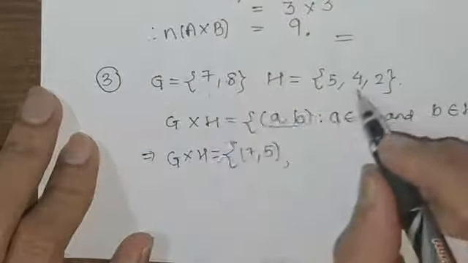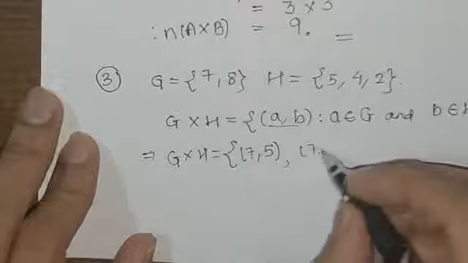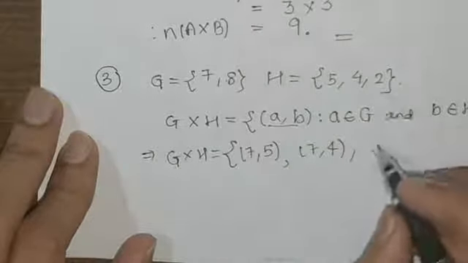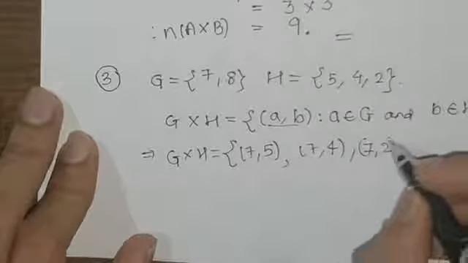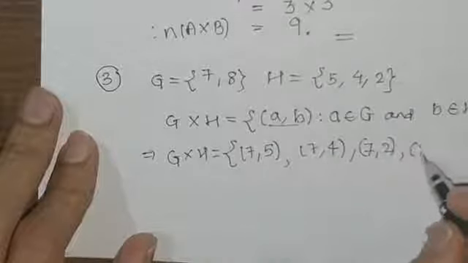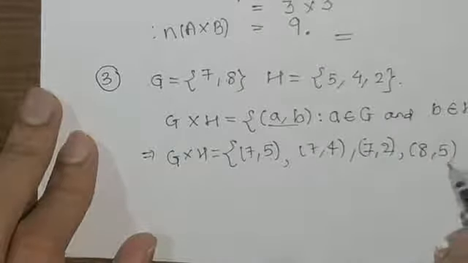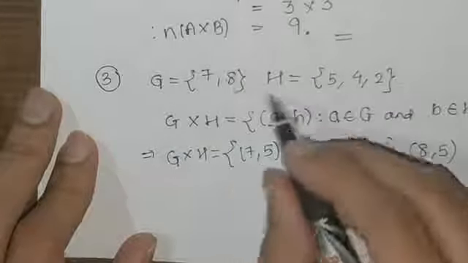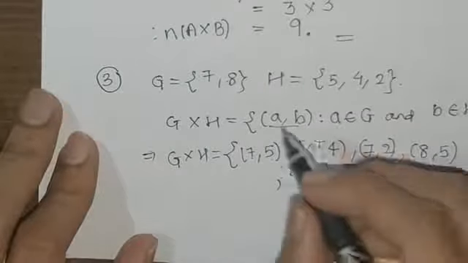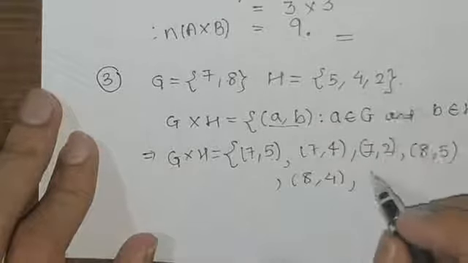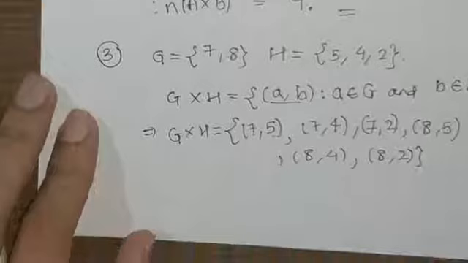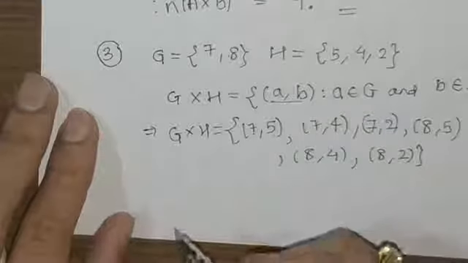So you will get (7, 4), then (7, 2), then (8, 5), then (8, 4) and (8, 2). This is the set G cross H.